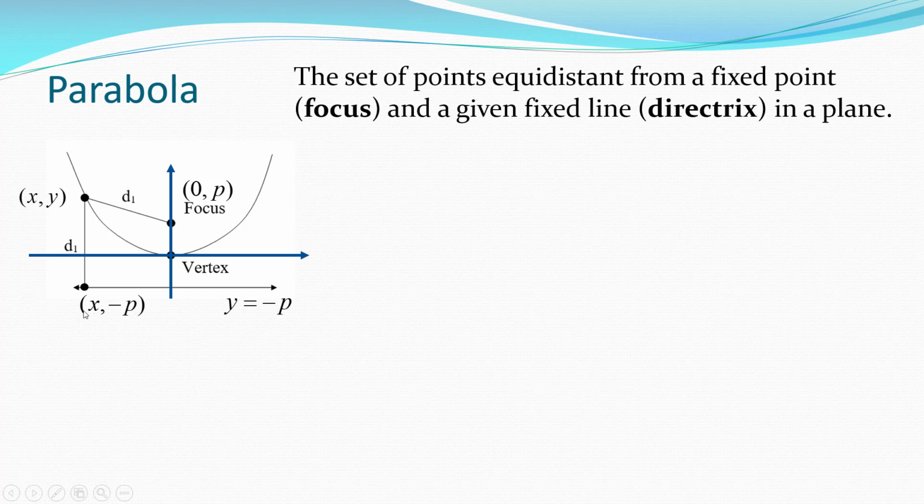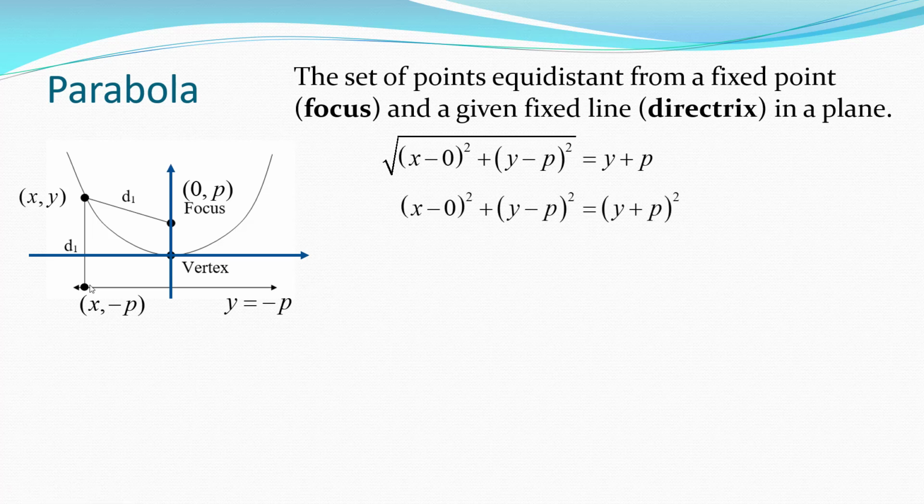Because of that, now I can compare the distances by looking at the distances between these two different points and then between these two different points. So doing so, I would have that formula. That is the distance between these two points, the square root, and then this distance is just a vertical change, so I just take the difference in the y coordinates. Then I square both sides.